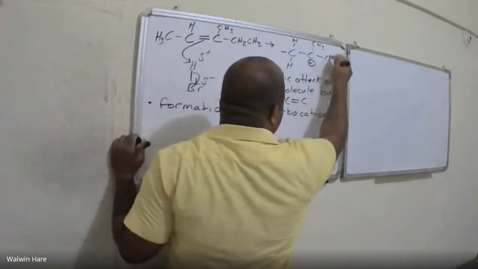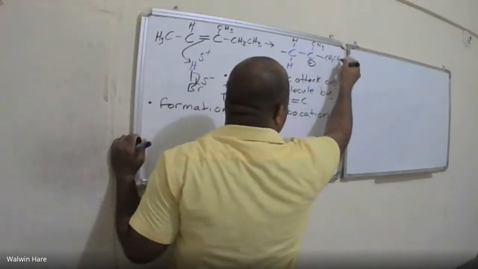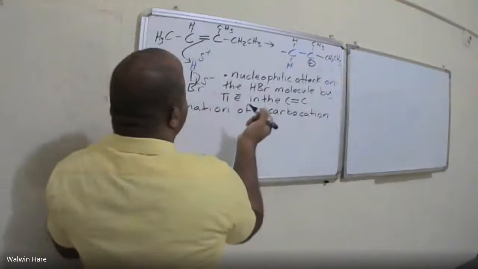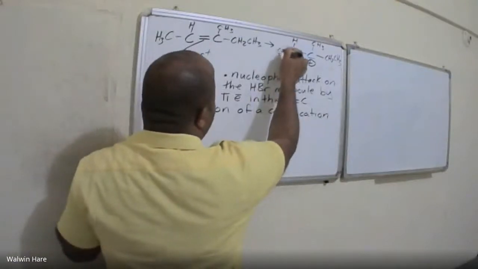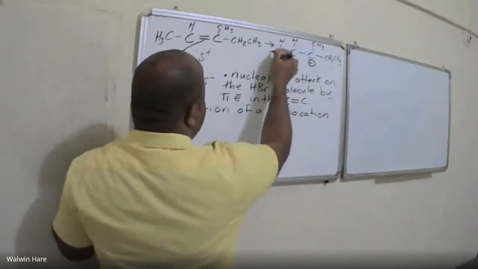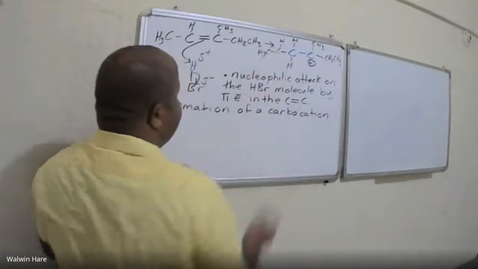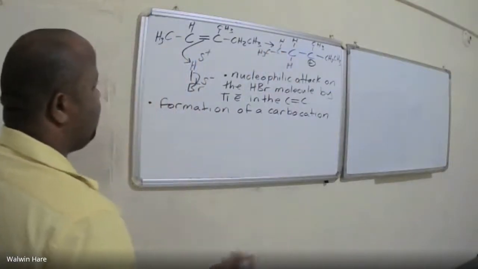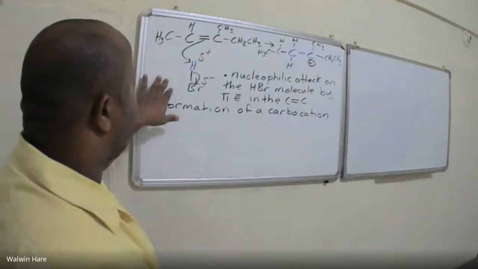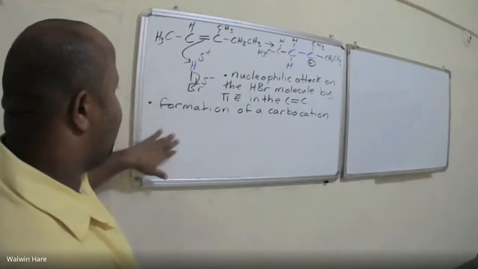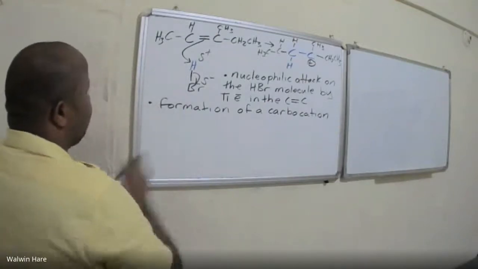Alright, the CH2, CH3 can hold. And over here goes CH, CH3. Alright. So after the nucleophilic attack on the HBr molecule, anybody remember what happens in step 2?